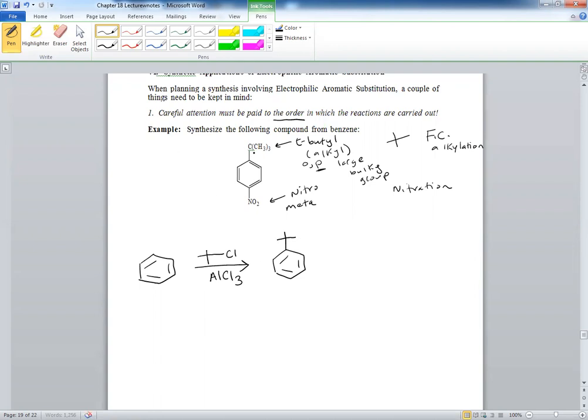This is the same as that. Very good. Now, since I was able to add one of the substituents, I need the next reaction. And the next reaction is the nitration reaction. So this is reaction 1. This is reaction 2. And watch why this order makes sense.